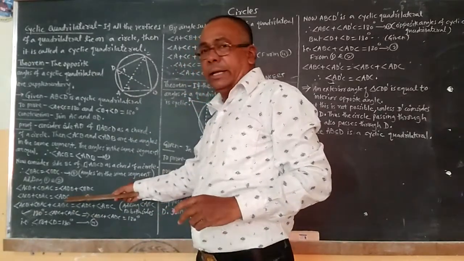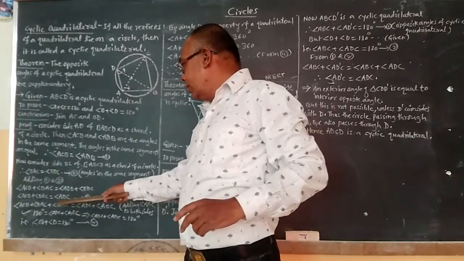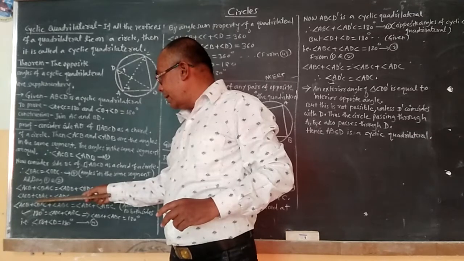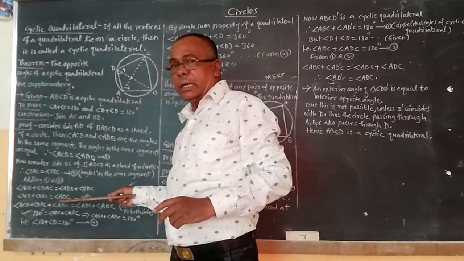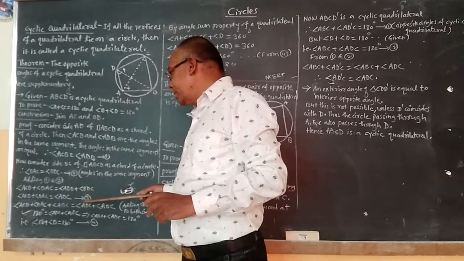So it is angle ADC, and therefore we get angle ACB plus angle BAC is equal to angle ADC, equation number 3.